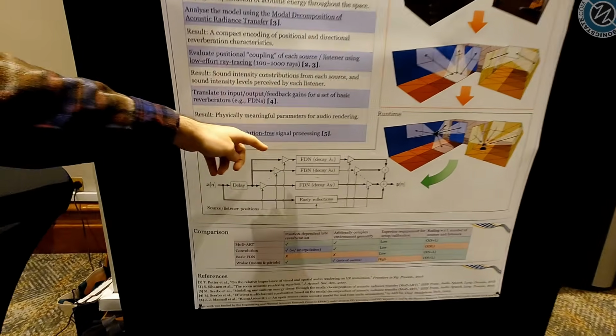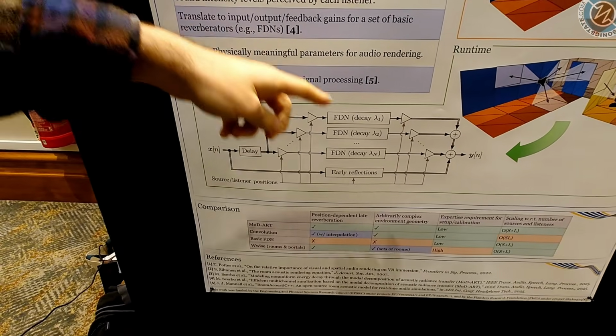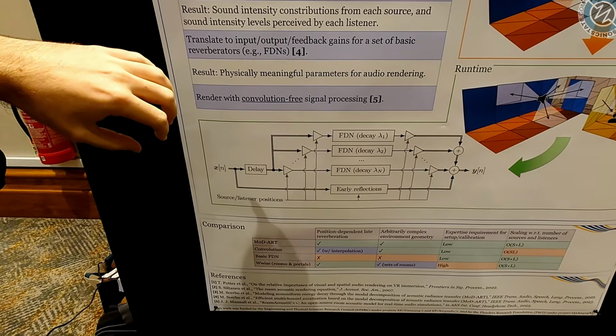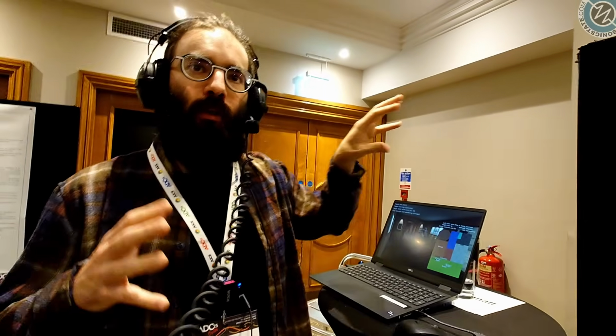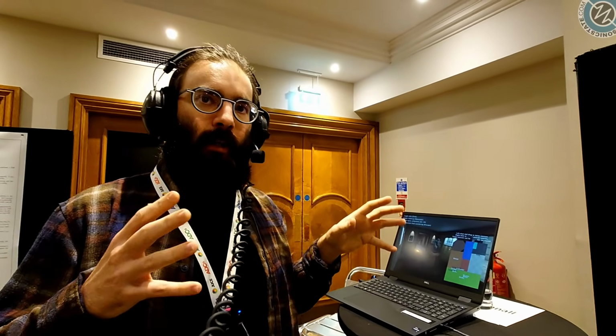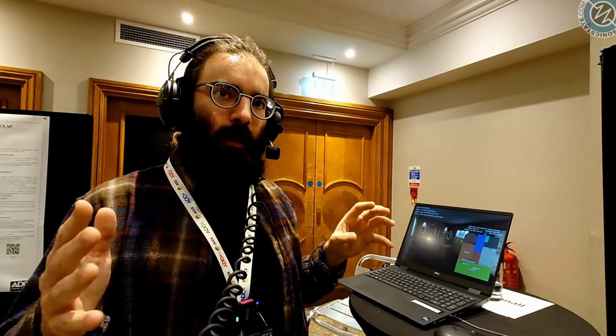What we do at runtime is change the input and output gains of those reverberators based on where the sources and listeners are. Right. So all of these reverberators really model the environment itself. They're shared by all of the sources and multiple listeners. If you have several sound sources in different positions, they're all going to feed their sound signals into the same set of reverberators for the environment, at different levels depending on their positions.